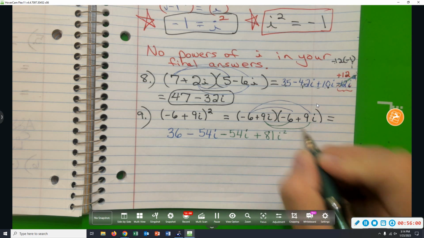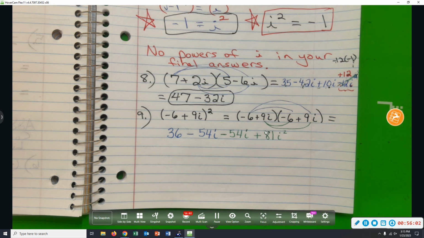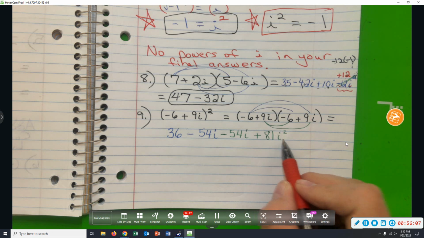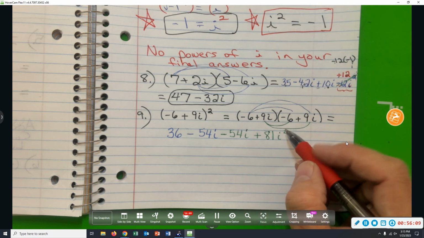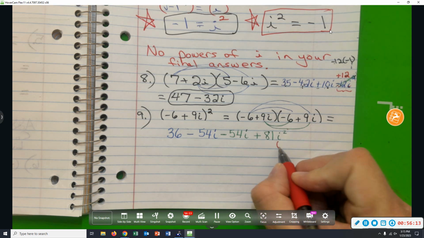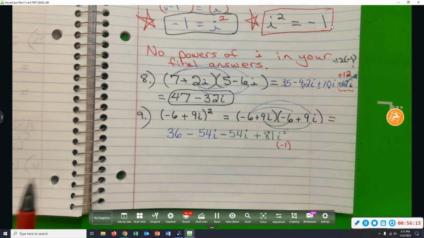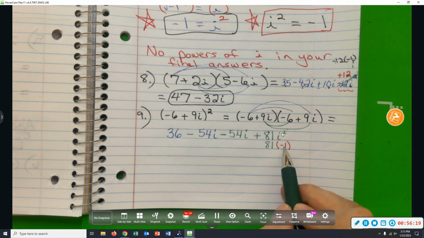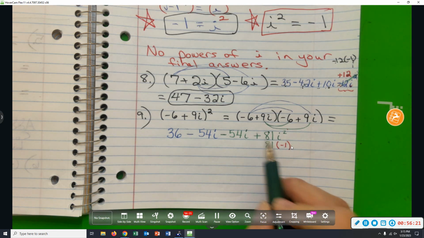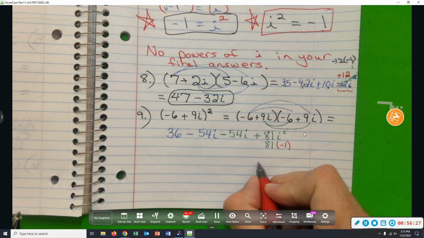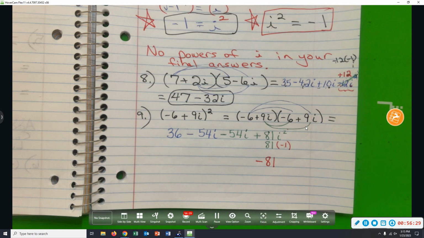And we have that i times i squared. What's that plus 81i squared about to become? Negative 81. Did y'all hear that? If I replace the i squared with the negative 1, this positive 81 times negative 1 is just going to be a negative 81.